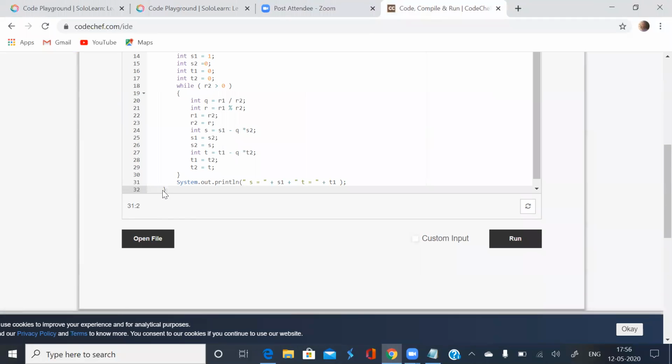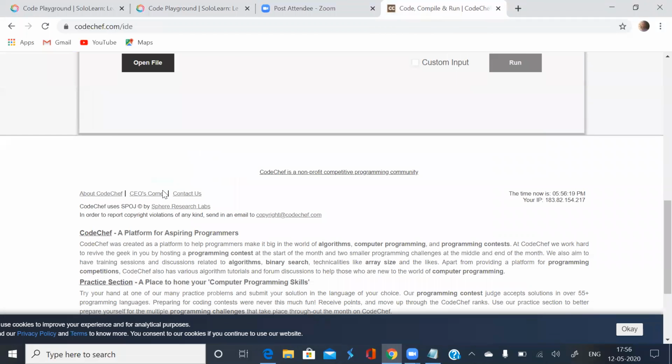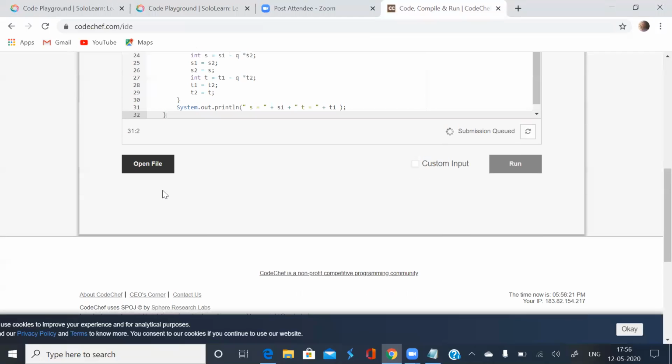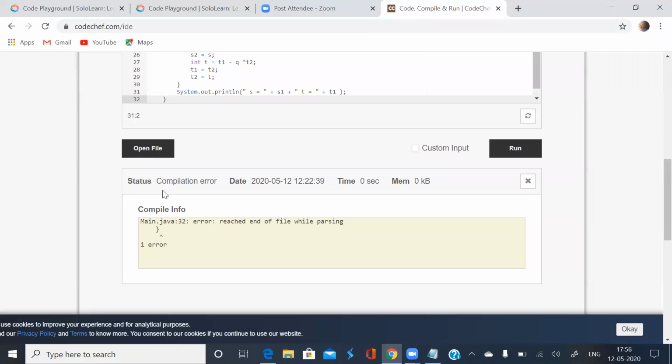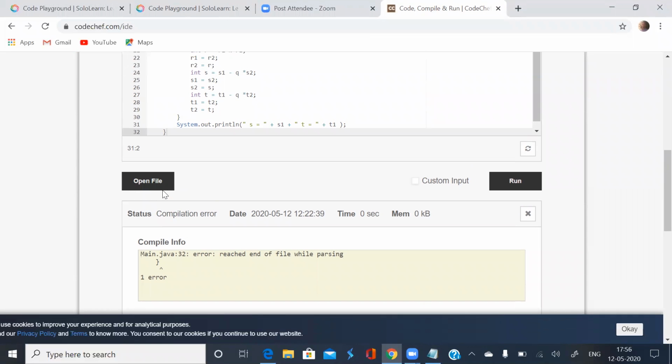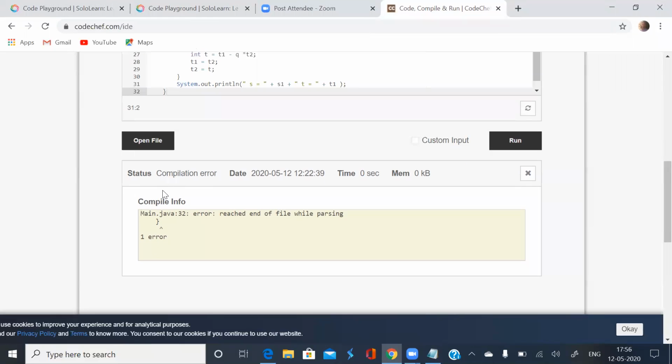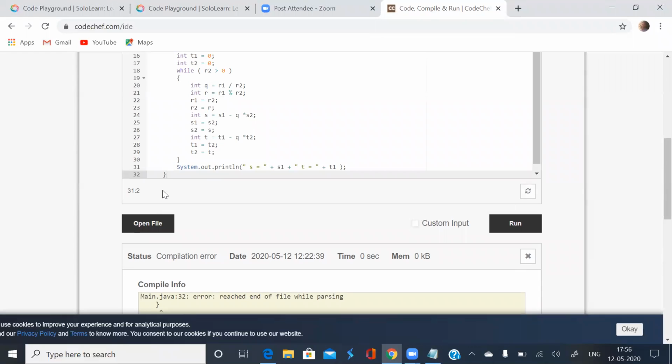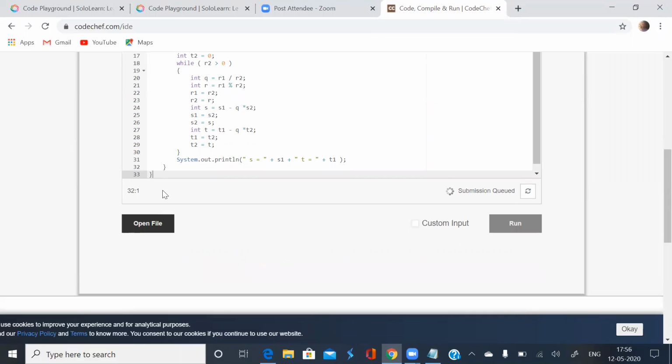Now run it. So one error while parsing. What is that error? So I should end the class. Seems that is the error.